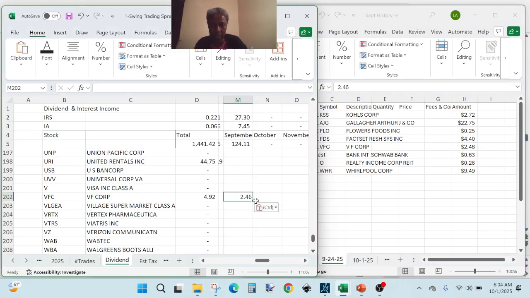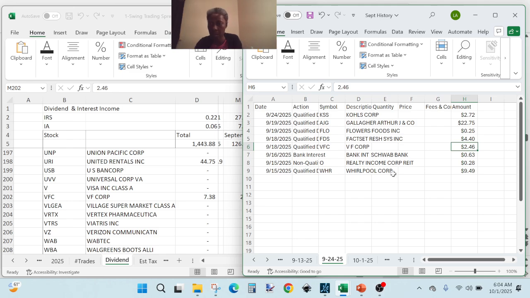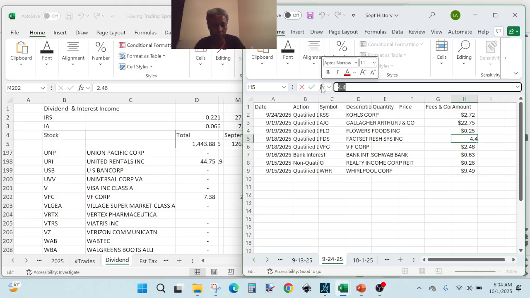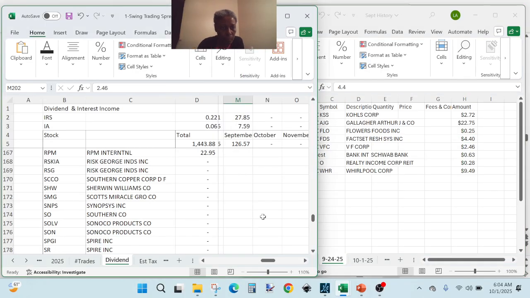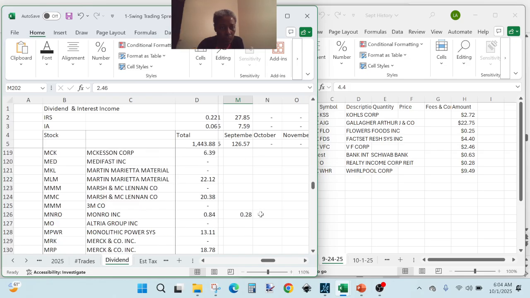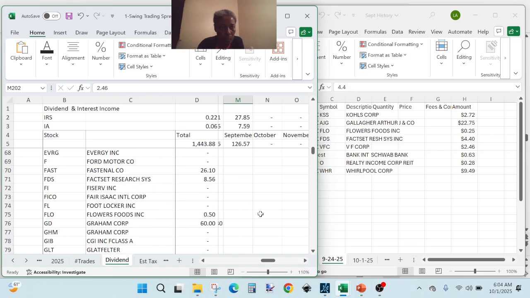Because we are not reinvesting the dividend anymore, we are pretty much getting about the same amount since we stopped reinvesting dividend. FDS 440. So it'll be in the F. We will paste that as well.